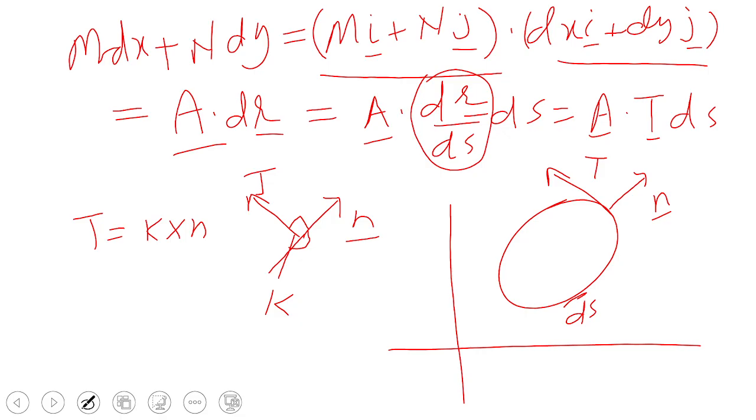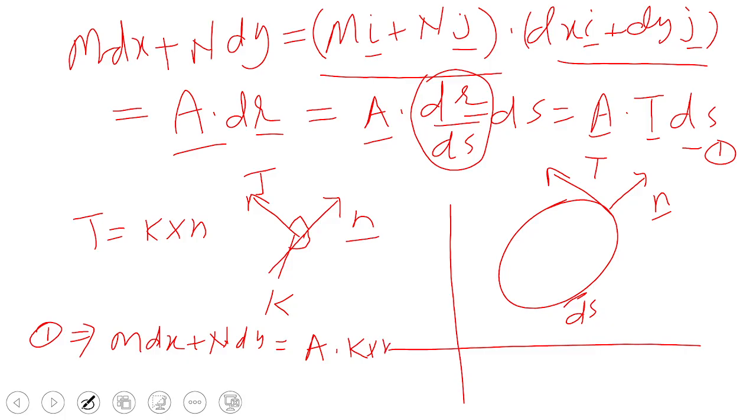So, putting this in equation one, m dx plus n dy is equal to A dot, this t is now k cross n, all of them are vectors, and ds.